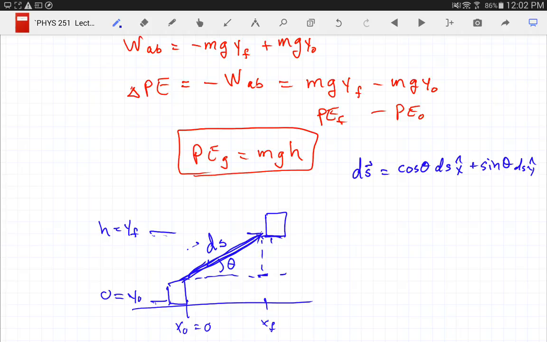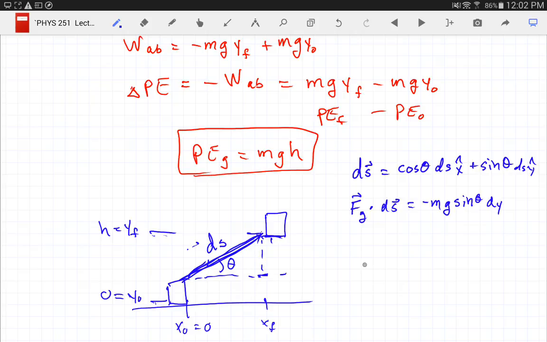So then when I do my dot product, the one with the y hat dot x hat disappears, and I'm left with force of gravity dot ds is equal to minus mg sine theta ds.